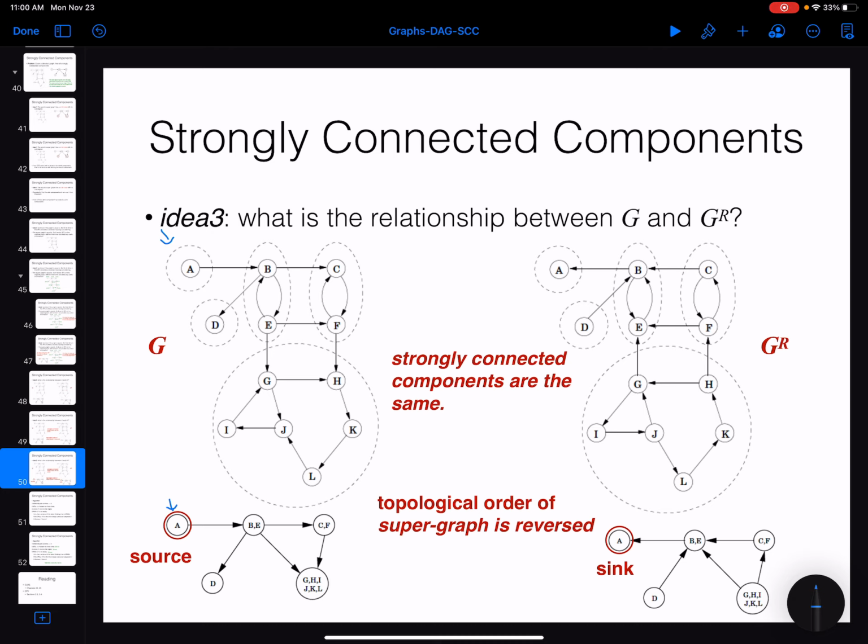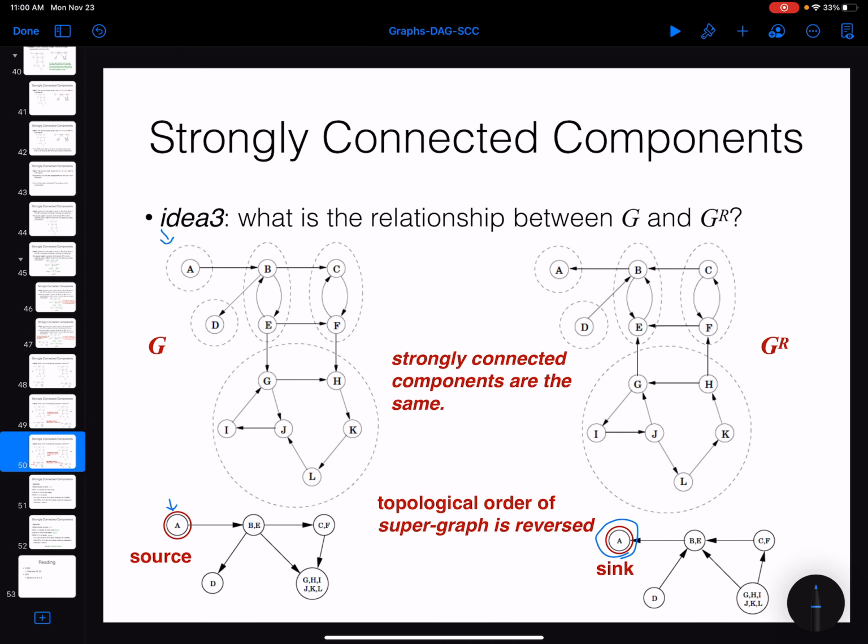Here that's going to be actually A, because the node that has the latest finish time is going to be a part of a source component. Then reverse the graph. Over the reverse graph, run the DFS over that node. That gives you the whole component that A is a part of in the original graph.